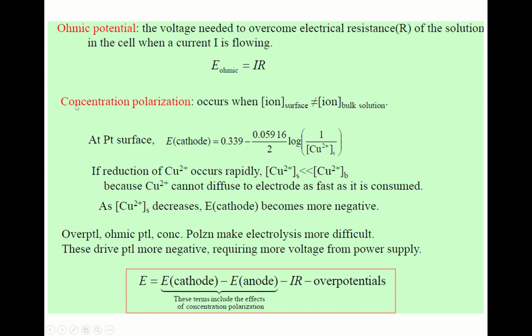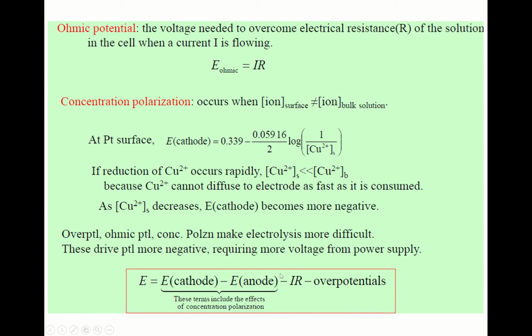If those effects are zero, that's the ideal case. But in reality, they exist all the time, so we have to consider how to minimize those potential drops. These drive the potential more negative, requiring more voltage from the power supply.